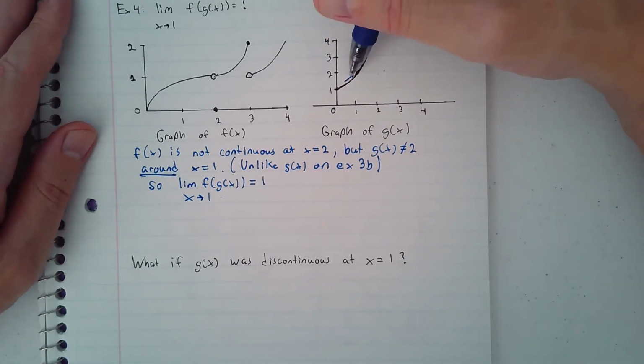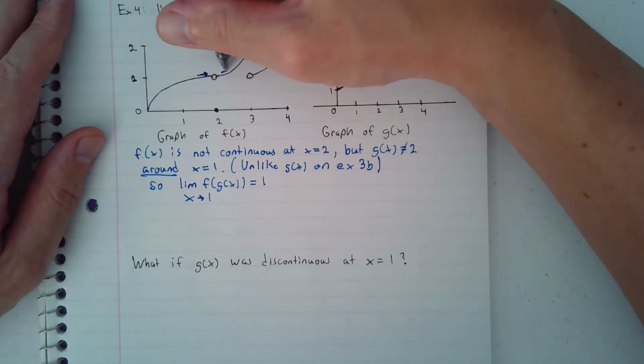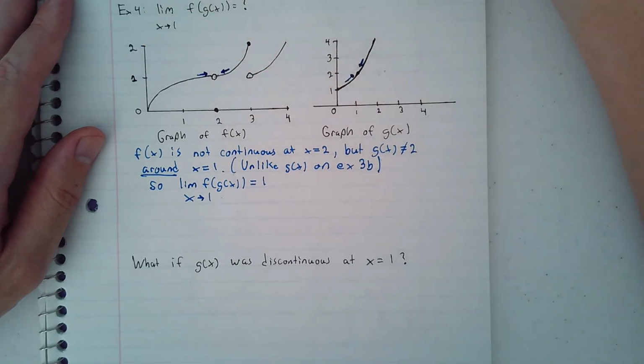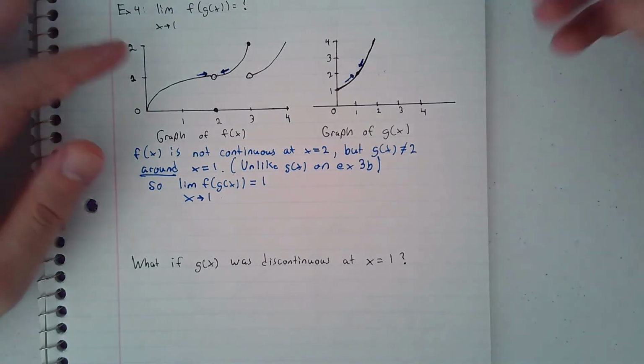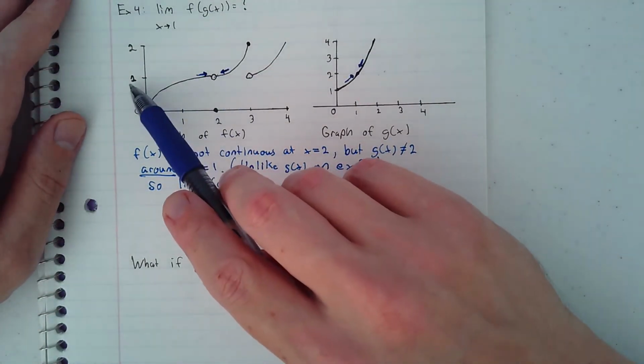It's a little higher, it's a little lower than 2. So if it's a little higher and a little lower than 2, that means it's here and here. And the limit is equal to 1. This is a 1 right here.